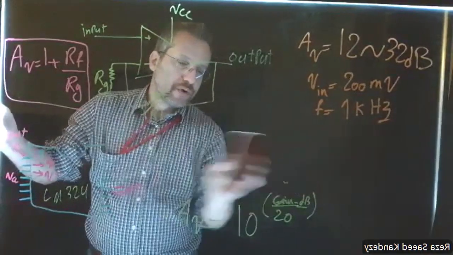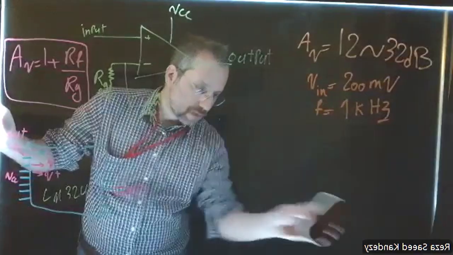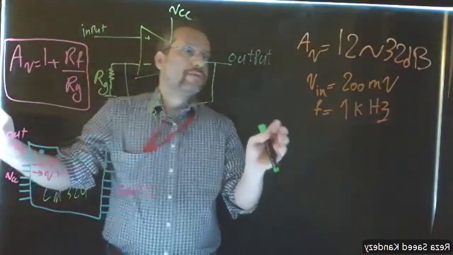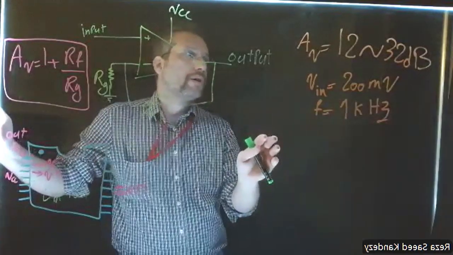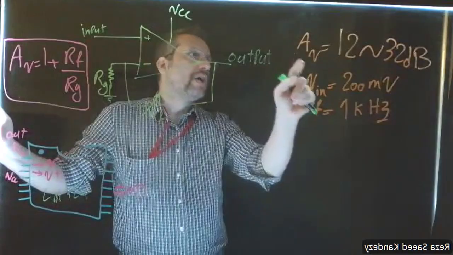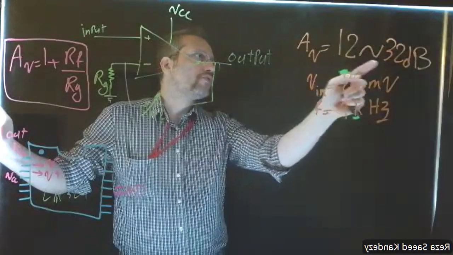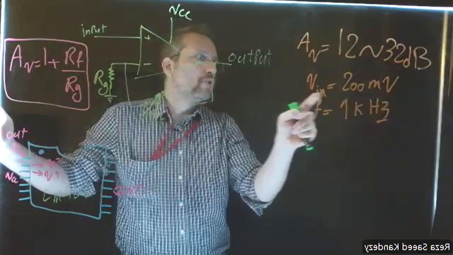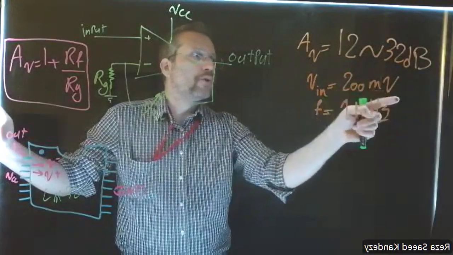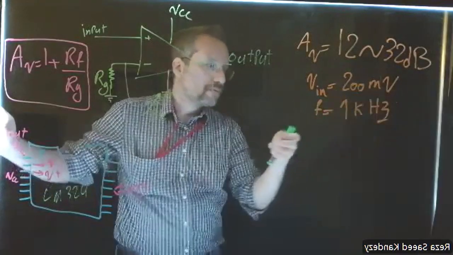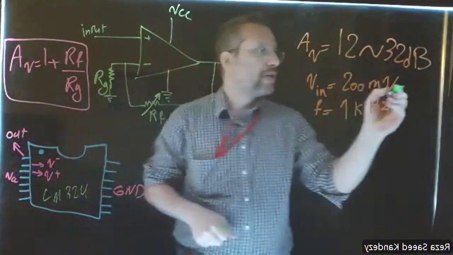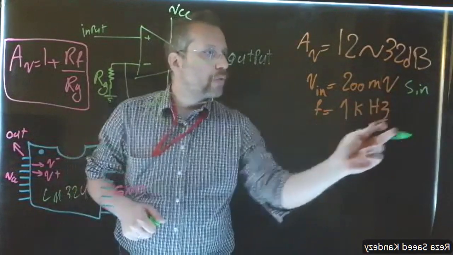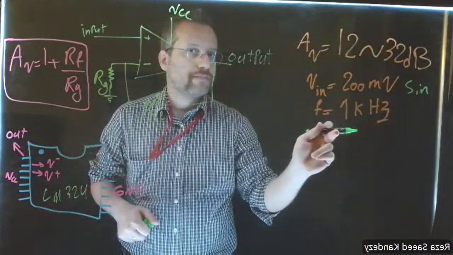Okay, now let's actually do a design using this adjustable amplifier circuit that we have. In our assignment, we want to design an adjustable amplifier whose gain would change from 12 to 32 decibel. We are going to input a 200 millivolt AC signal, a sine wave, with a frequency of 1 kilohertz.